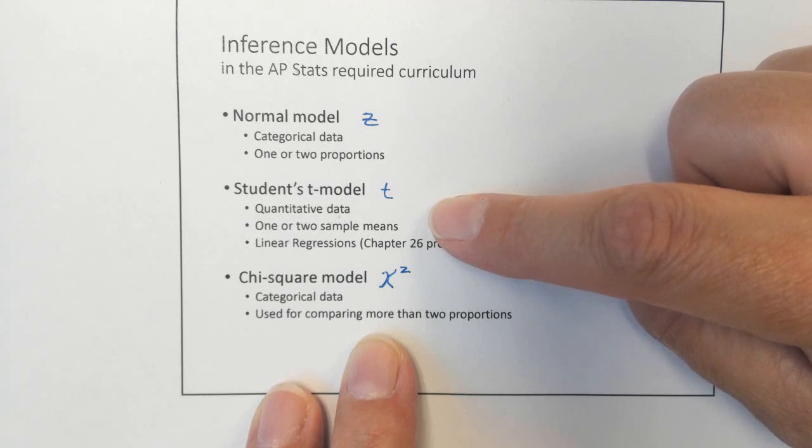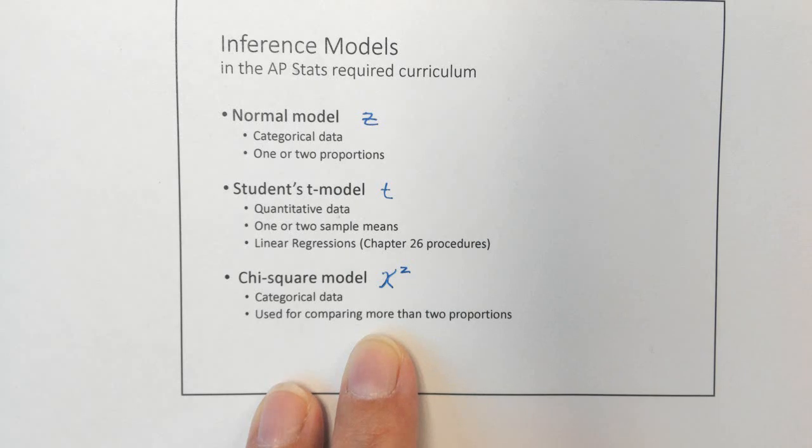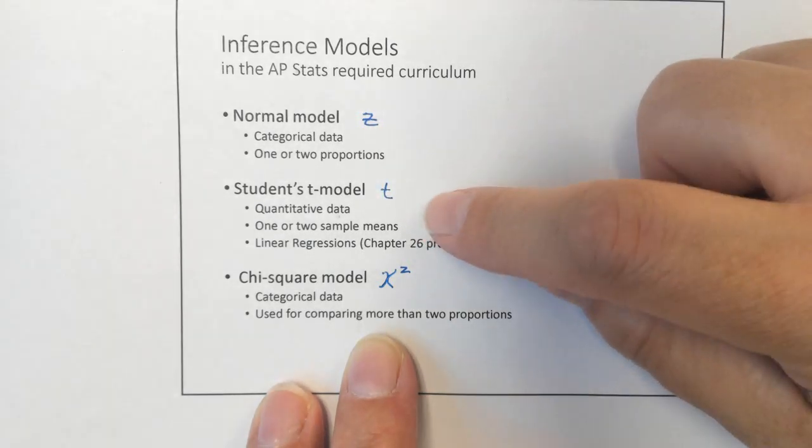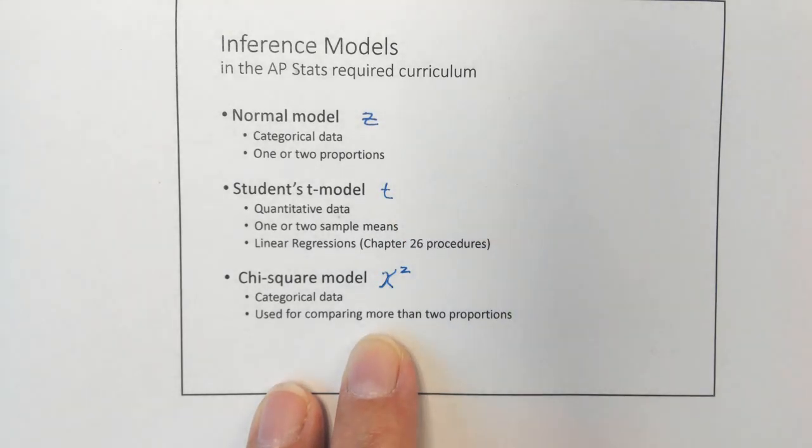On the calculator, it's a super simple procedure, but the setup, the formulas behind it are pretty overwhelming. If you had to do the work by hand, it's several pages of work. So the ANOVA, the tack on to the T model, just isn't part of the AP curriculum, but it might be something you would see in a college level course beyond this one.